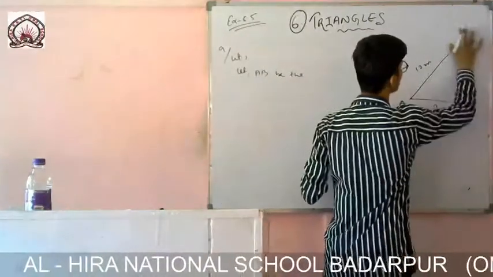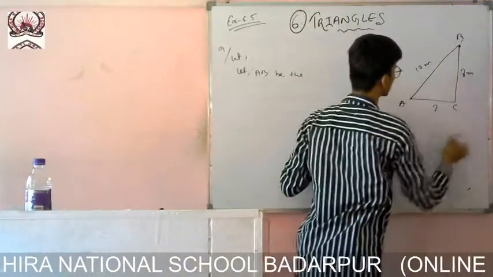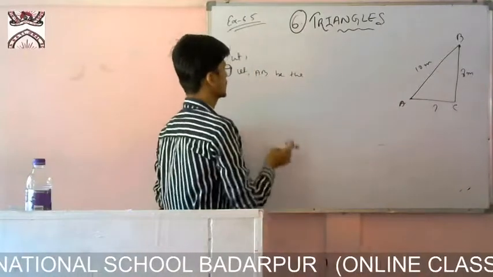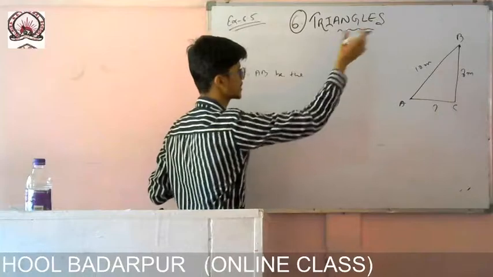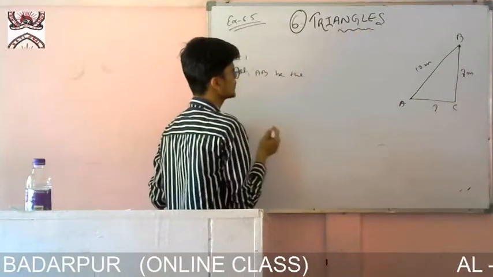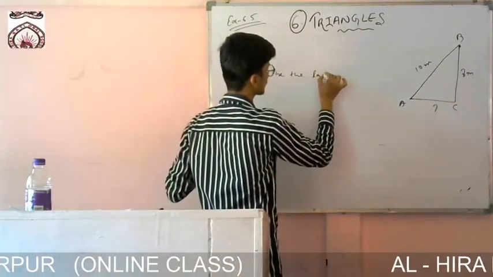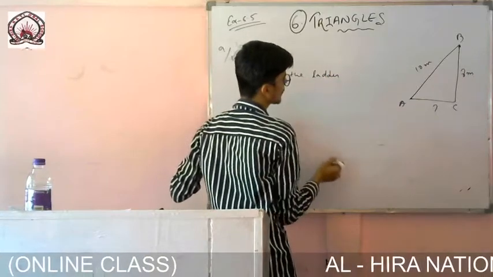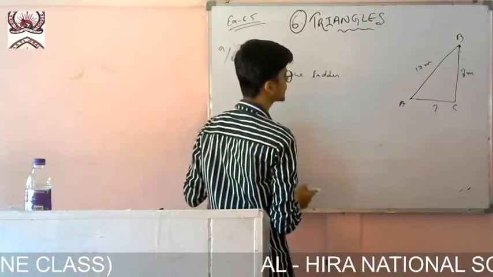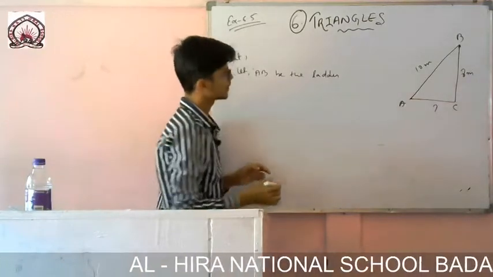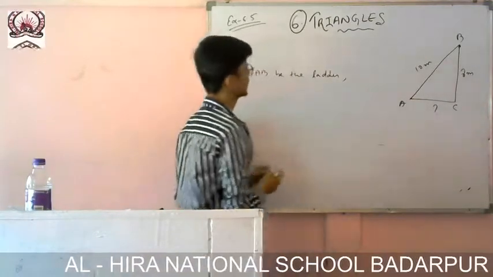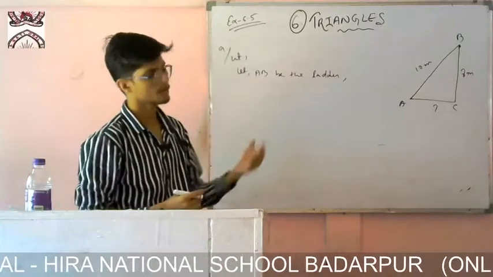Let AB be the ladder, and B where the window is placed.